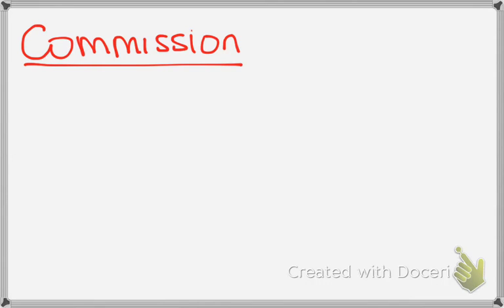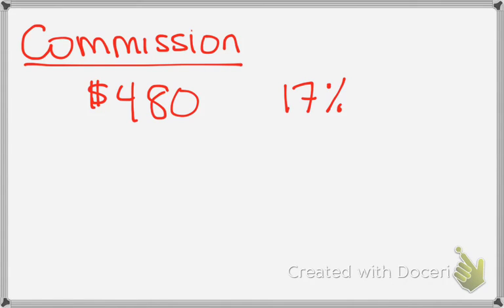So you could sell cars, sell houses, sell furniture, and again, you find your total amount that you sell things for. So let's say I sold a bunch of furniture and it was, I don't know, $480 worth of furniture. This is a discount place. And I'm going to make commission. I earn a certain percentage of the sales. So I earn, I don't know, 17% commission.